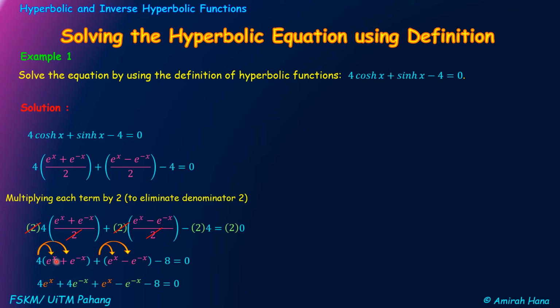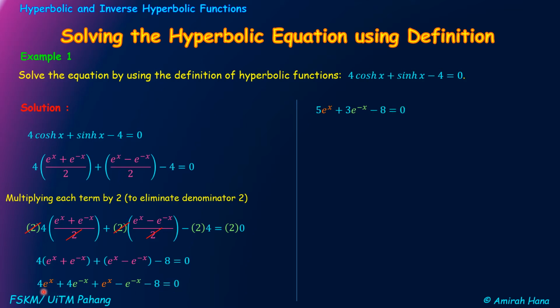So we have 4e to the power of x plus 4e to the power of negative x plus e to the power of x minus e to the power of negative x minus 8 equals 0.